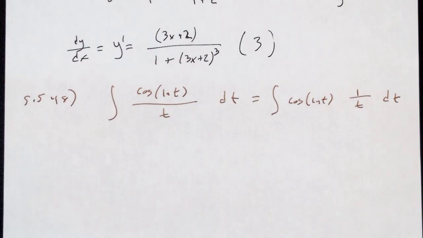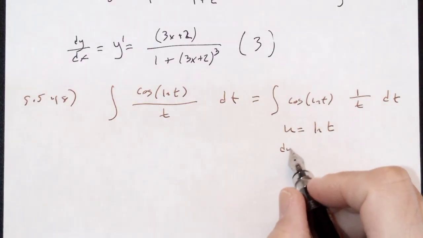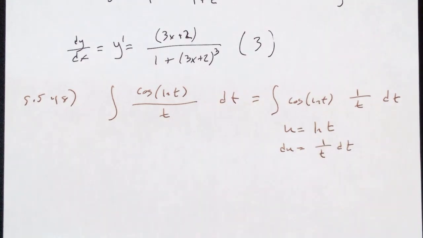It's not always required, but my first reaction was, what's the inside piece for my chain rule, my use substitution here? It's that logarithm, right? And if I use that as my inside piece, then the derivative is 1 over t. So by separating it, I can see that u and du show up more clearly.